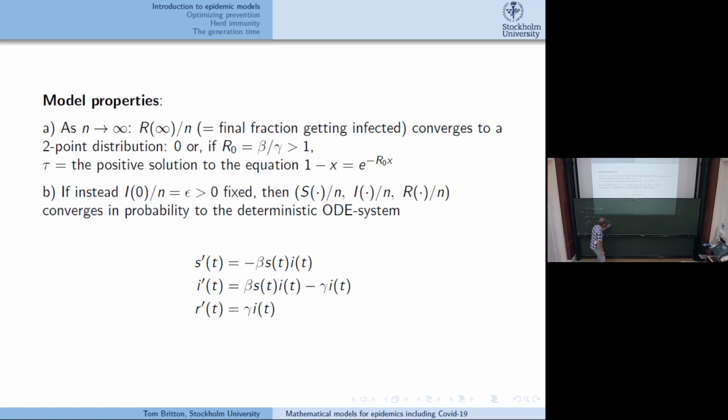So this k here is in itself random, and if tau is the final fraction getting infected, then n times tau is the number getting infected. So this k should be equal to n times tau.